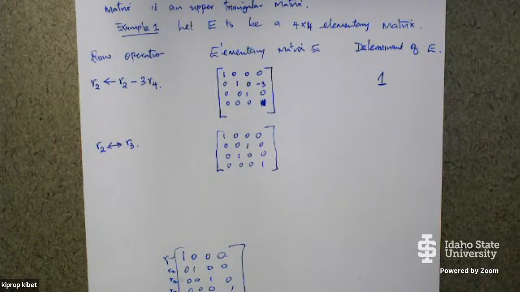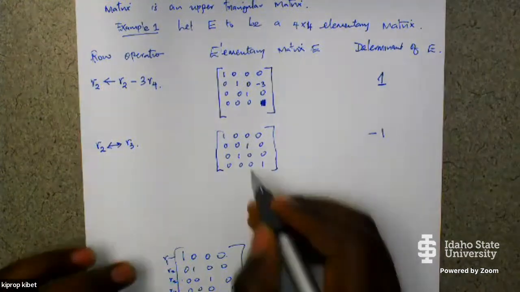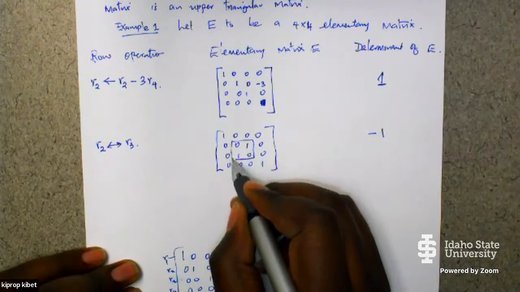If we take 0, 1, 1, 0, the determinant will be 0 times 0 minus 1, so the determinant here would be minus 1. Is there any positive one?